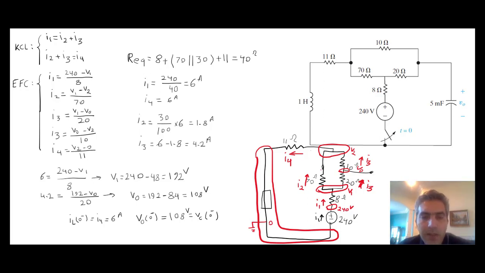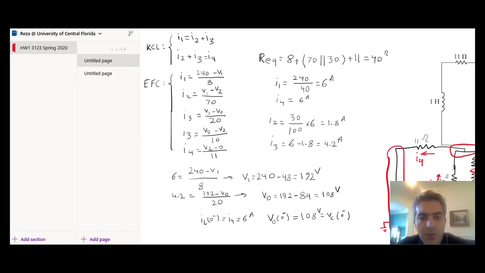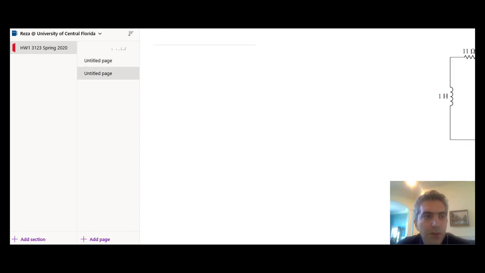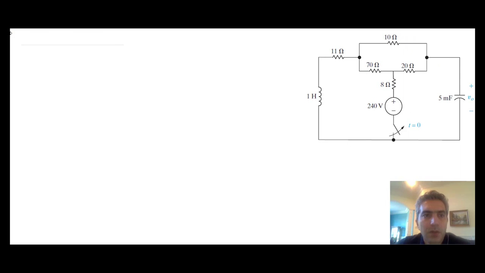I can move on to the next step of the calculation, where the switch is going to open up. Let's go to a different page and remember that these two values are already calculated. So I'm going to rewrite that result here: IL(0 minus) was 6 amp, and V out(0 minus) was 108 volts.